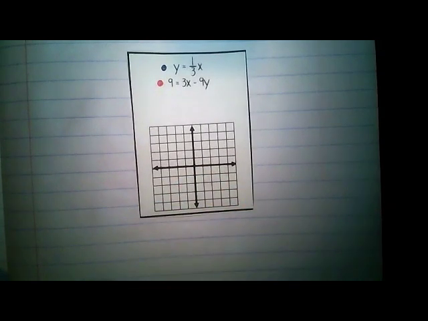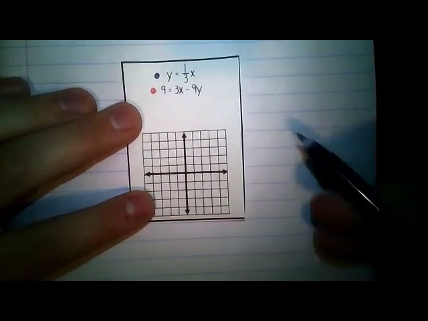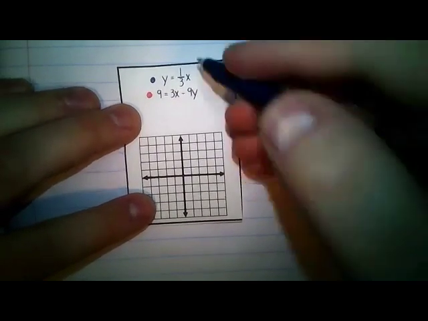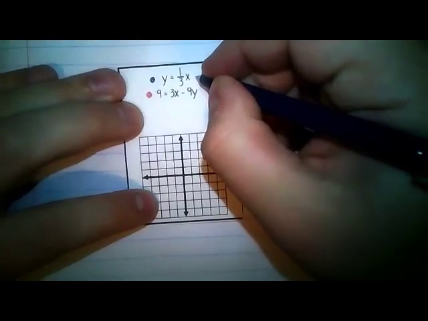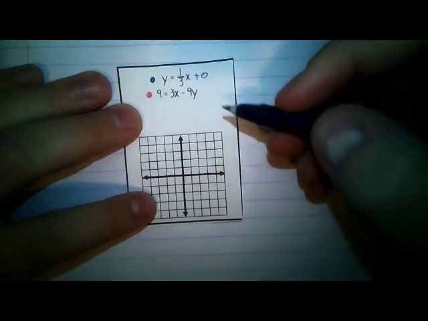Now for my last system, I've got y equals 1/3 x as my first equation. So this one, well, it doesn't look like there's a y-intercept. The y-intercept is actually 0. I could put a plus 0 here, and it would be in slope-intercept form.